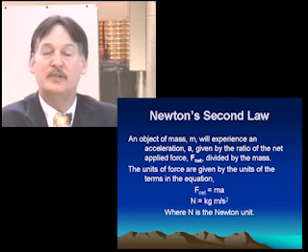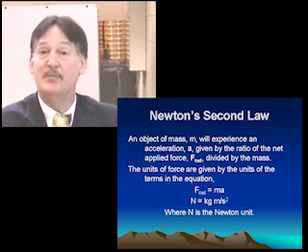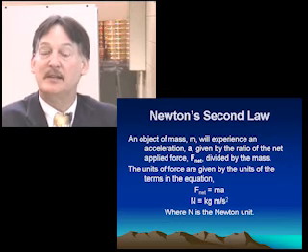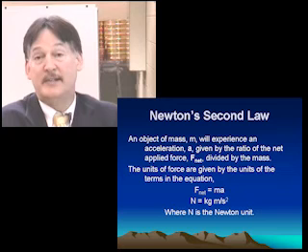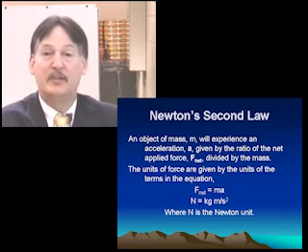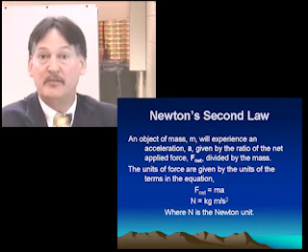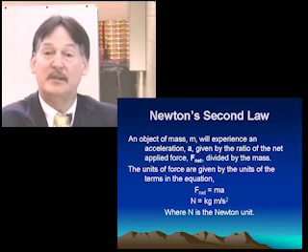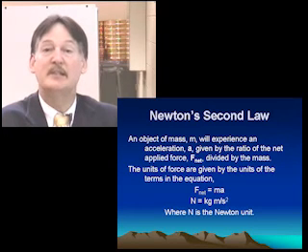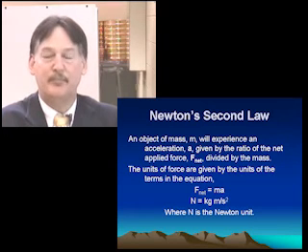So those fundamental units, combined in the product mass times acceleration, result in the combined kilogram meter per second squared. In honor of Isaac Newton, we have renamed that grouping of fundamental units the Newton and given it the symbol capital N.